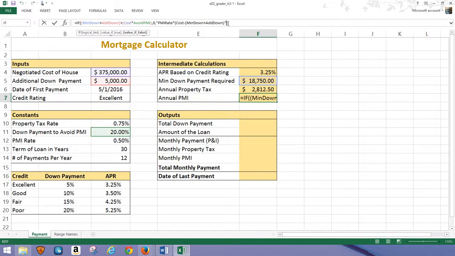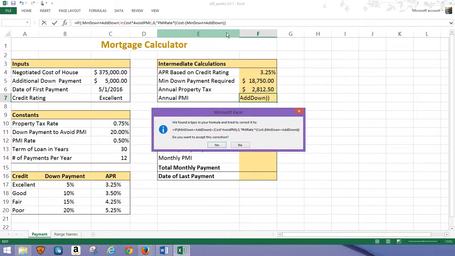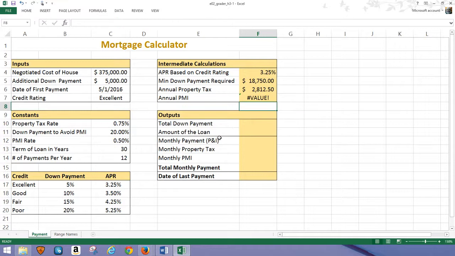And somehow I got a quote mark in there. Okay, so let's see what my error is. If, open parenthesis, down, I know I have so many.